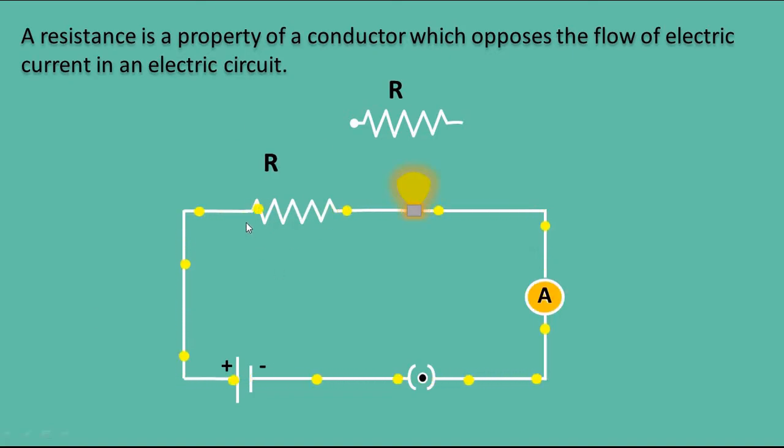We can see that the flow of electric current in the circuit is opposed by the resistance, and thereby the current flowing through the circuit gets slowed down. Similarly, the bulb connected in the circuit is also getting dim.